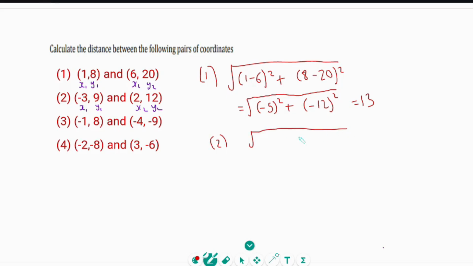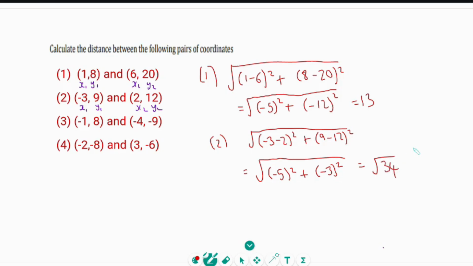Question 2. You can write it as a decimal if you like.